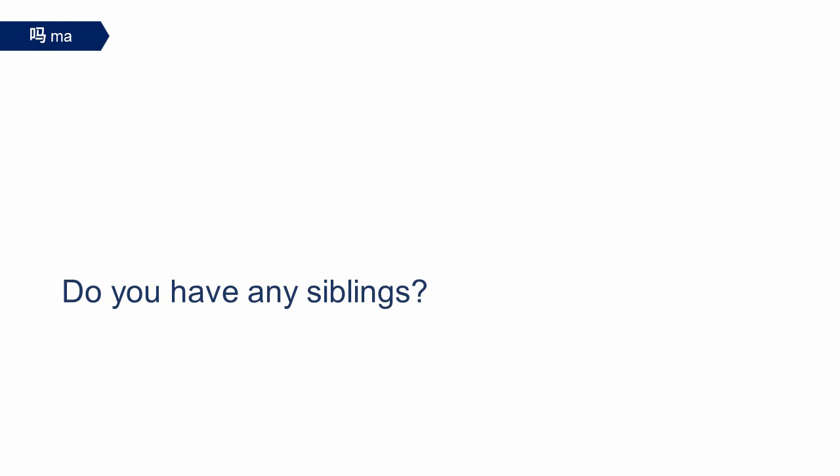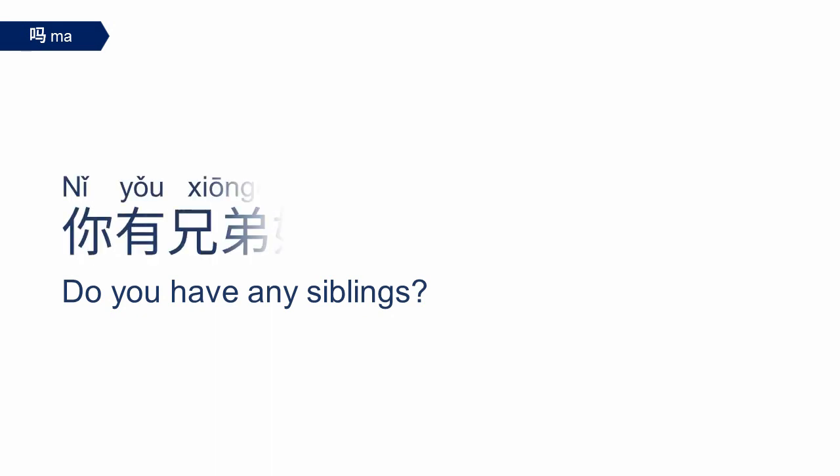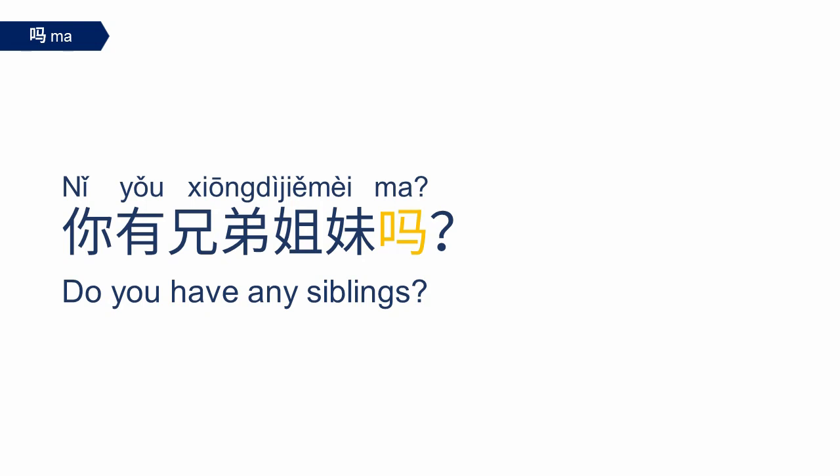Actually, to be more efficient, we can just ask this way. 你有兄弟姐妹吗? So, 兄弟姐妹 is siblings in Chinese. 兄 is 哥哥, 弟 is 弟弟, 姐 is 姐姐, 妹 is 妹妹. So together is 兄弟姐妹.